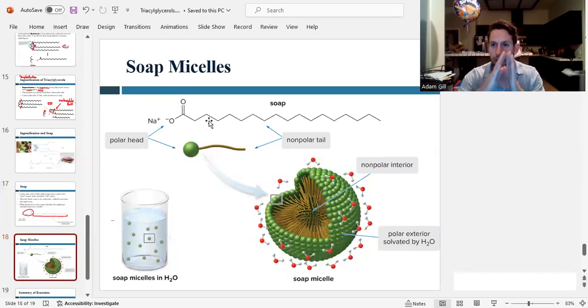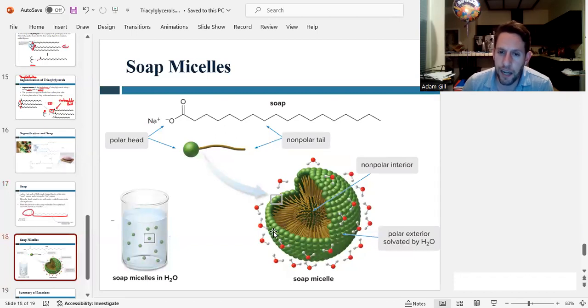Now, these things orient into a sphere where all the heads are pointed outward and all the tails are pointed inward. And it forms this three-dimensional spherical micelle. These molecules are packed, touching, back to back. There's no gaps in between. And the polar heads all point outward and the non-polar tails point inward.